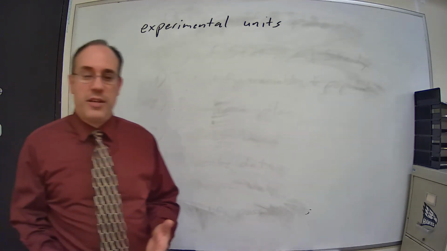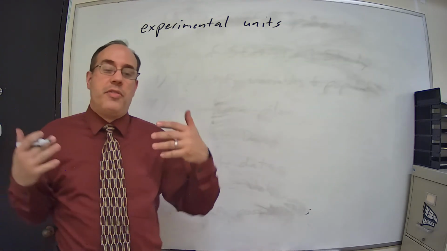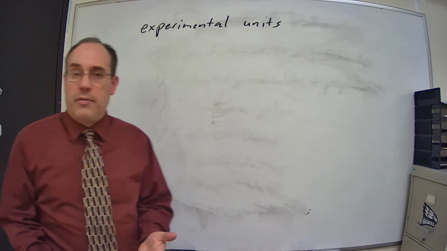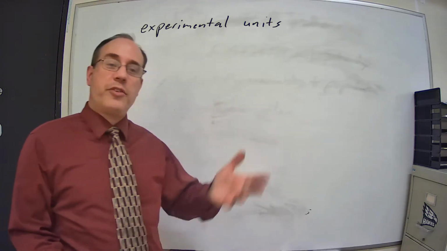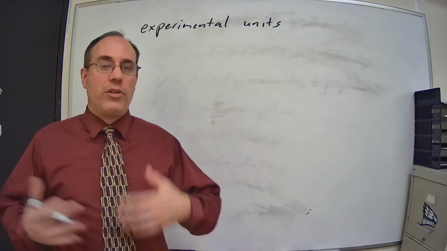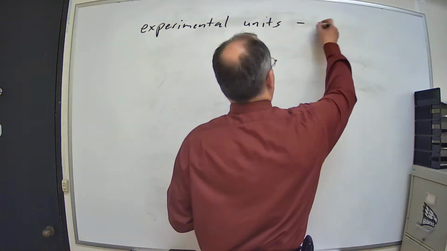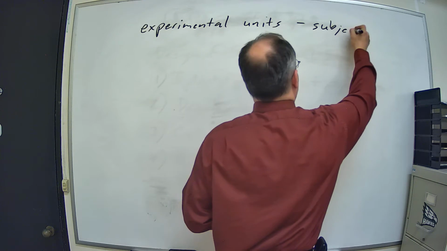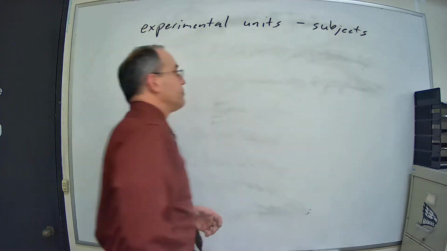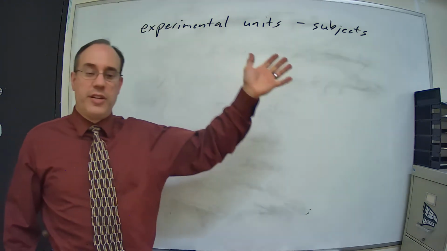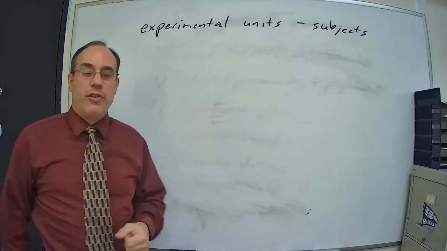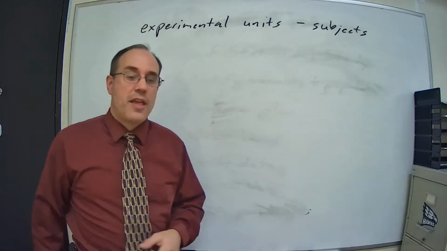Experimental units are the individuals that are studied. Those are our experimental units. And if they are humans or living creatures, we tend to refer to them as subjects. So those are experimental units, those things that we are studying, right?